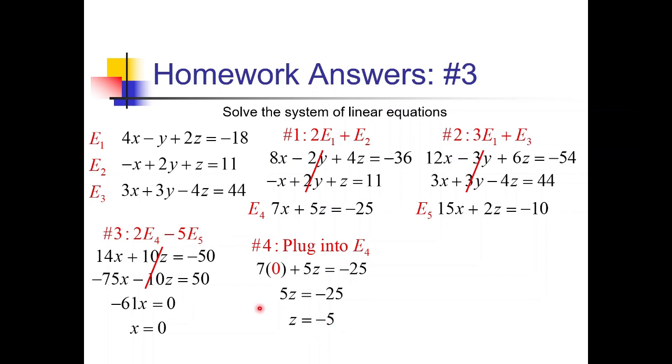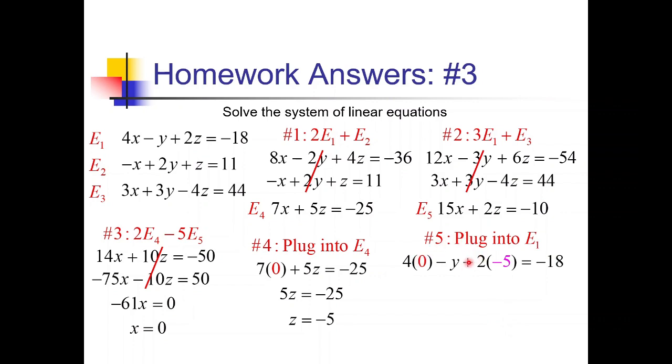All right, so let me plug 0 and negative 5 now back into an equation that has 3 variables, one of these in the start here. Let me just go with equation 1. It's as good as any. 2 might be easier, but I don't really care. So we've got 4 times 0 minus y plus 2 times negative 5 equals negative 18. 4 times 0 is just going away.